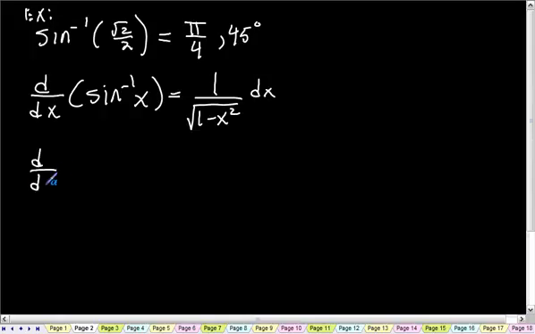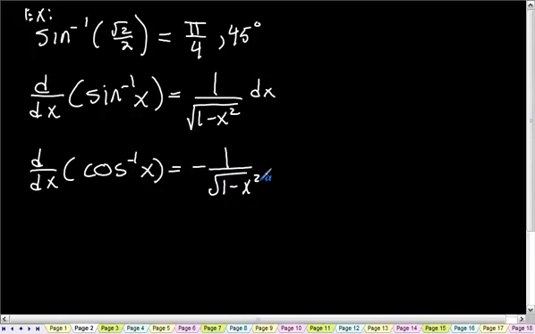The derivative of the inverse of cosine of x is negative 1 over the radical of 1 minus x squared, dx.